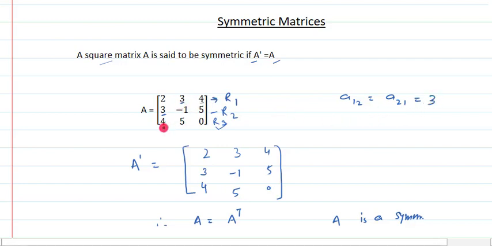Similarly A13 and A31, A13 and A31 is equal to 4, and A23 is equal to A32 is 5 in this matrix, and we have taken diagonal elements arbitrarily. So any matrix in which this arrangement is there, means ijth element is equal to jith element in any of the matrix.